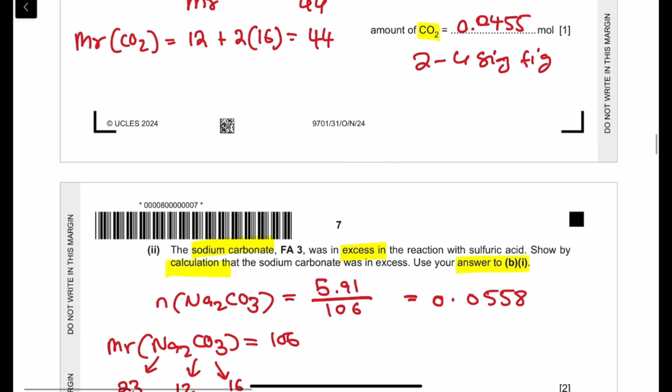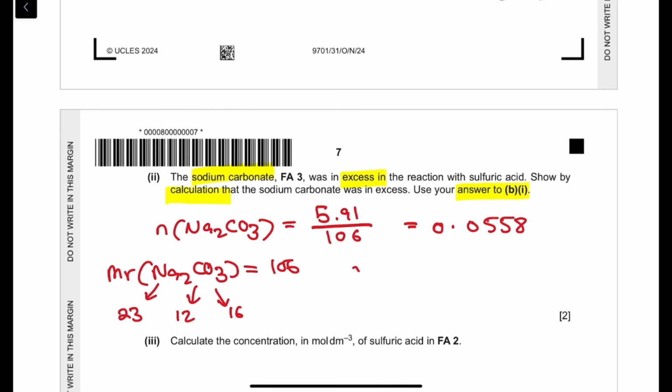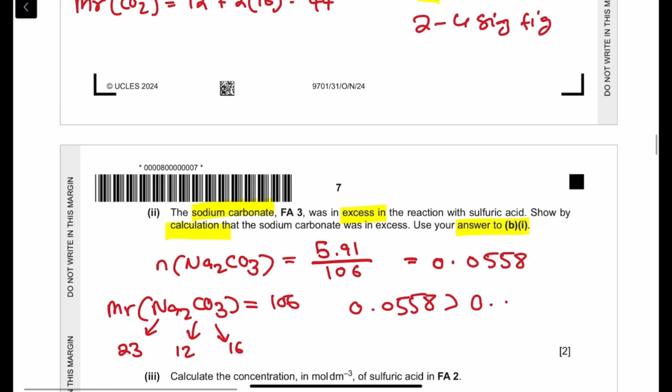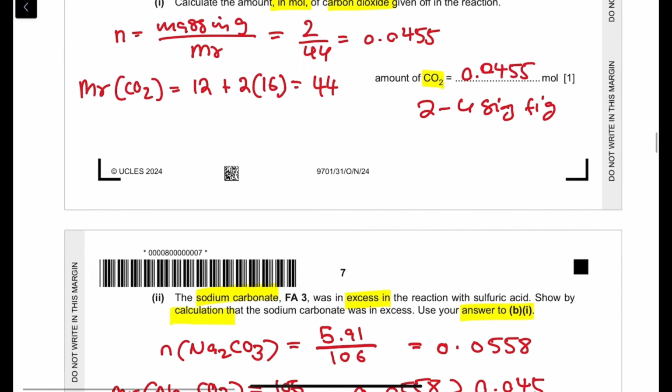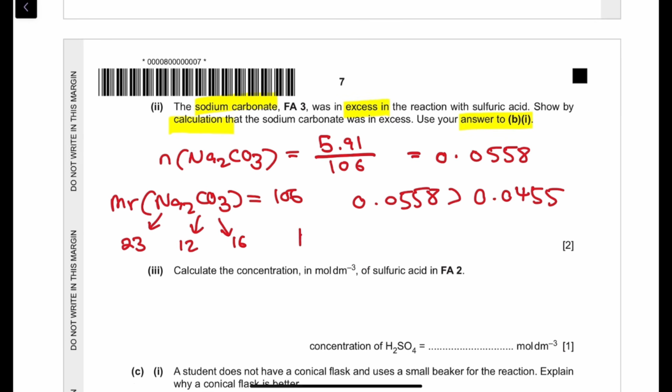Now the number of moles of CO2 produced is 0.0455, and since 0.0558 is greater than 0.0455, we can say that sodium carbonate is in excess.